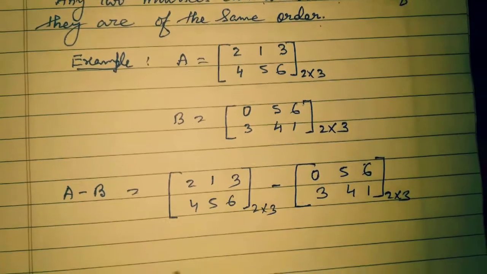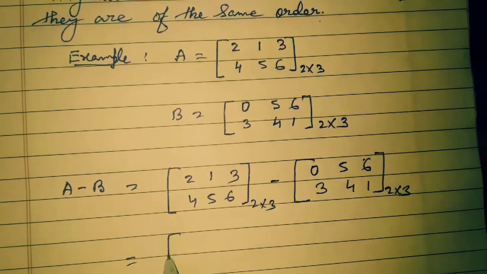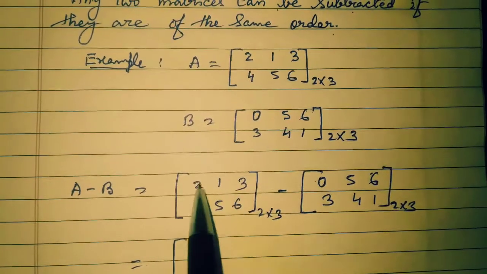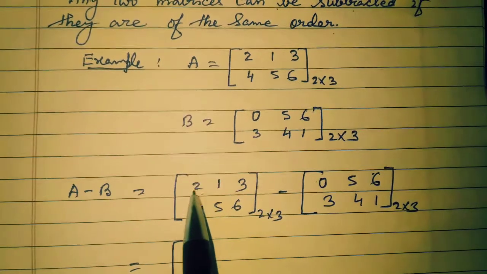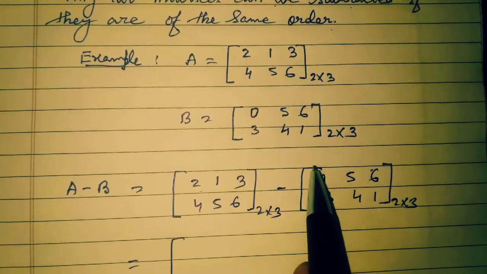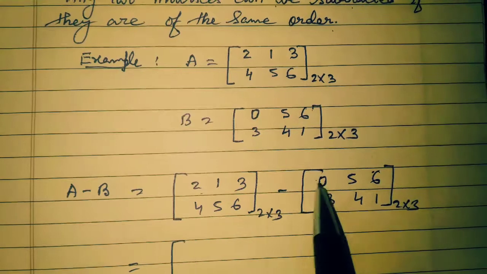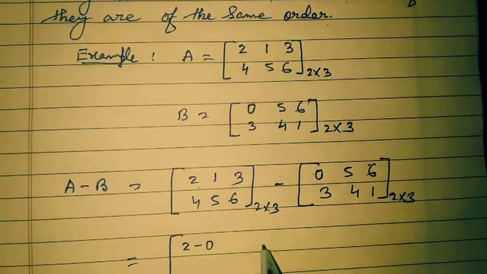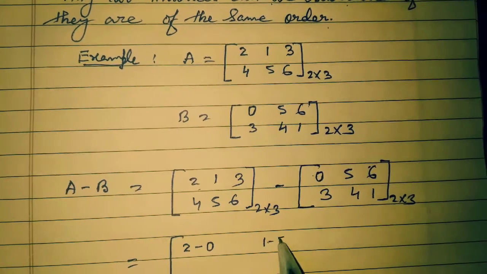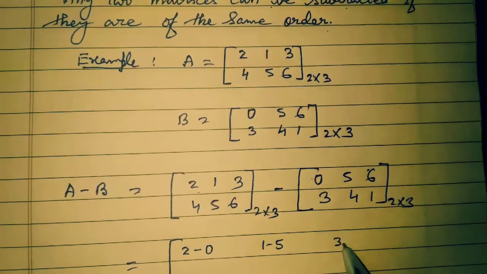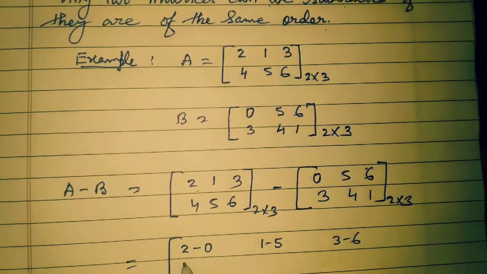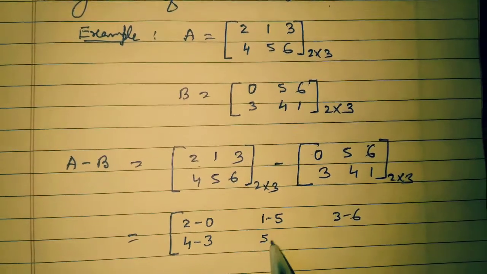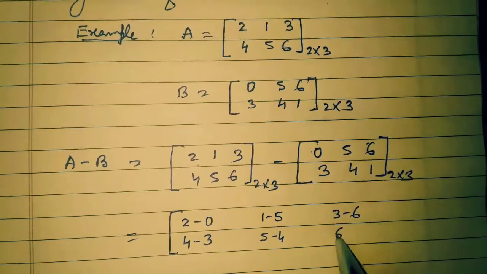Now each element of A will be subtracted by the corresponding element of B. Like the A11 element of matrix A, and here the A11 element of matrix B, so this one is subtracted from this, and we get 2 minus 0. Next 1 minus 5, then 3 minus 6, then 4 minus 3, then 5 minus 4 and 6 minus 1.